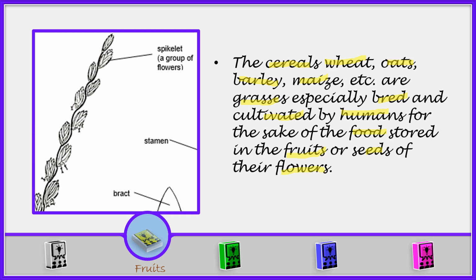So most of the cereals, like barley, oats, wheat, maize, are grasses which are cultivated by humans, and we get the food stored in their fruits, and sometimes in their seeds, which come from their flowers.